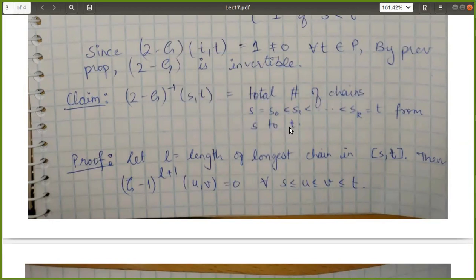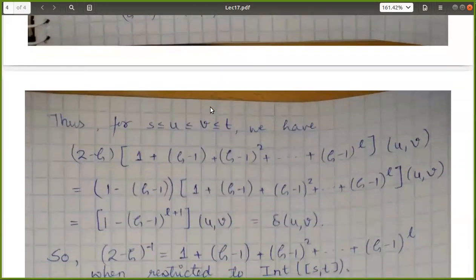You fix one particular interval and you say that when you apply the function 2 minus zeta inverse to this interval, it is counting the total number of chains from S to T, which means the initial point of this interval to the final point of this interval. Okay, so S and T remain fixed right from the beginning of the proof. Then you proceed further and you just take two elements in between S and T, which are U and V. U and V are variable.